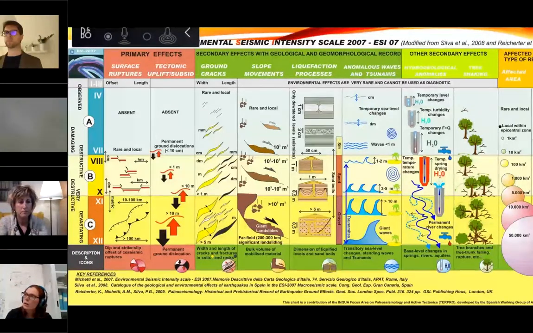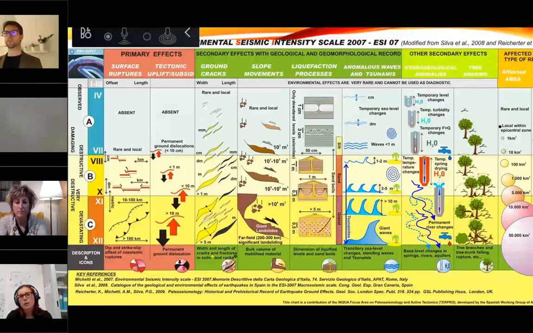Primary effects are those directly connected to the seismogenic source. I have a couple of pictures in the next slide. While secondary effects, let's say, are those connected to ground shaking. So they include a number of different processes and phenomena.